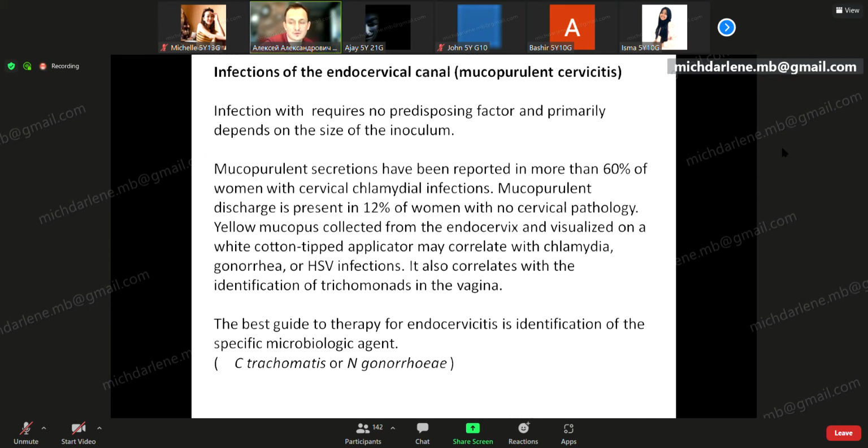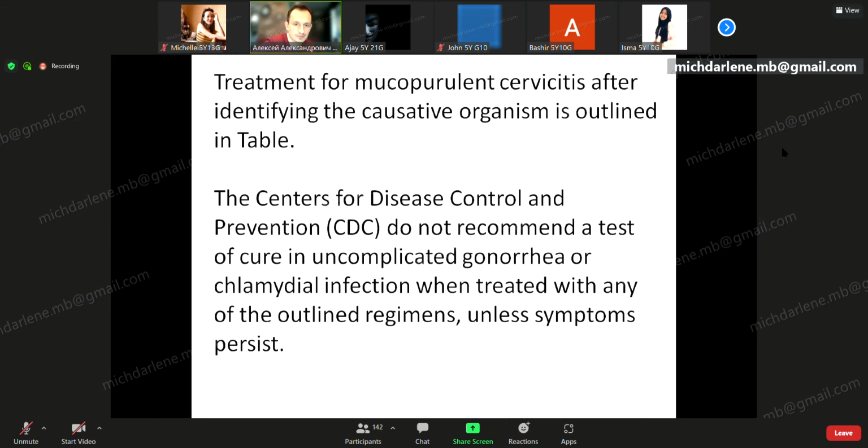It will be enough for us, and we need to confirm the presence of inflammation with the help of our further diagnostic maneuvers. What kinds of maneuvers? Of course, we need to take smears. Of course, we need to exclude the presence of infection with the help of bacteriological investigation, and treatment should be in accordance with our findings. If we get information that chlamydia is present, we need to treat chlamydiosis.